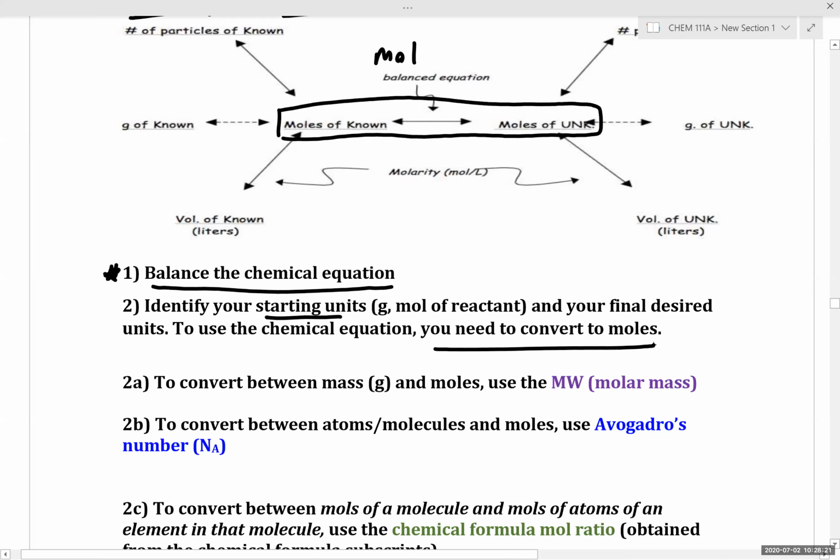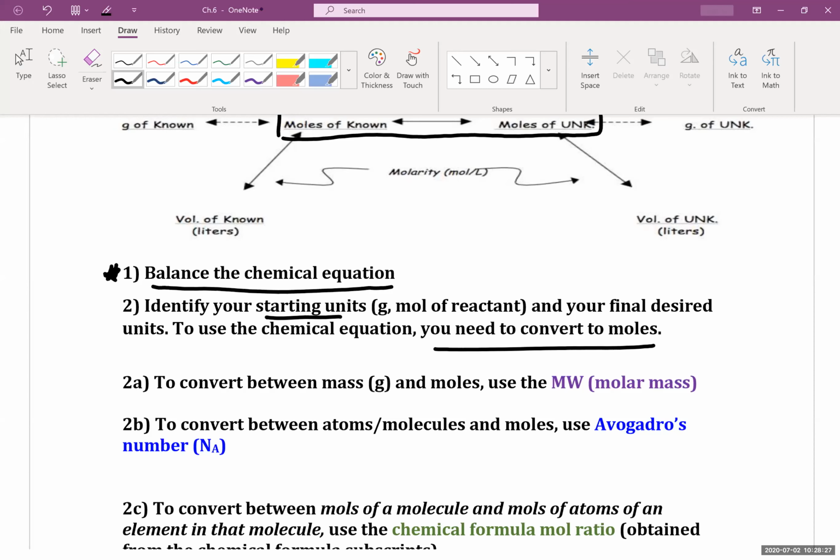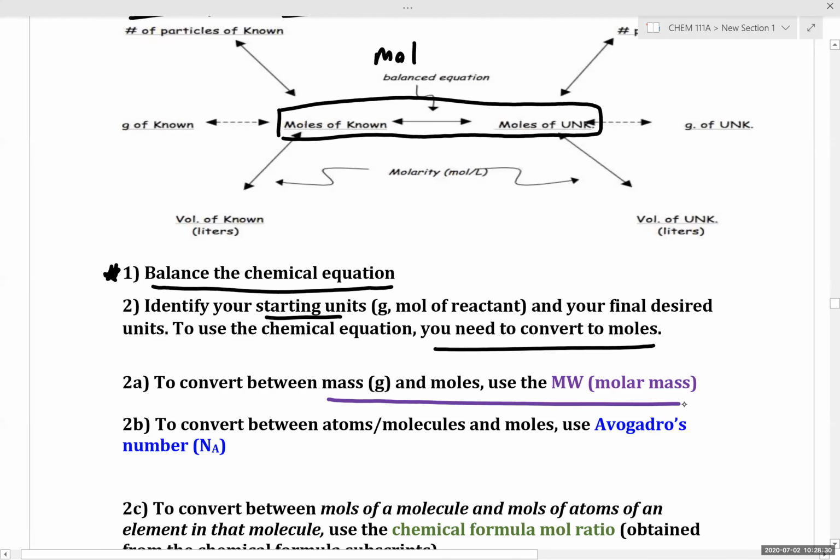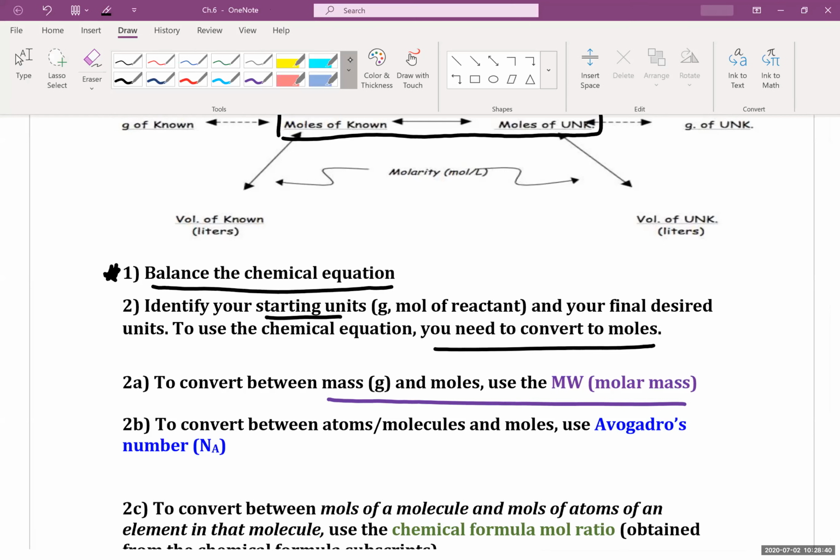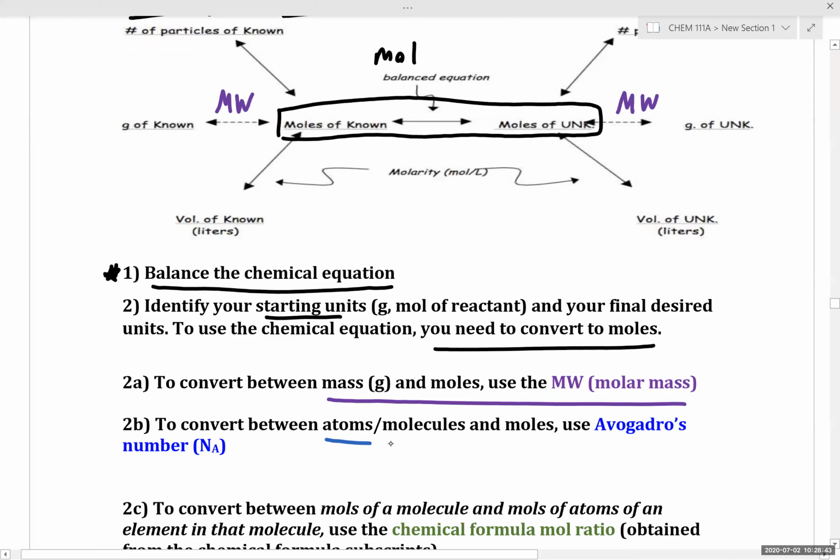That should be your first goal in any stoichiometry problem. Now, just to showcase all the different conversion factors, to convert between mass and moles, you use your molar mass or molecular weight. To convert from atoms or molecules and moles, you use Avogadro's number.